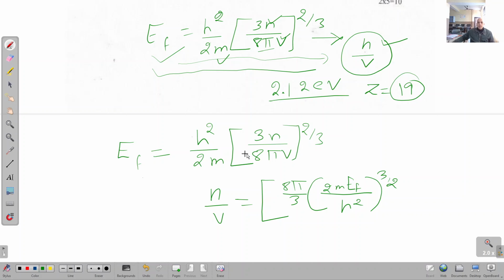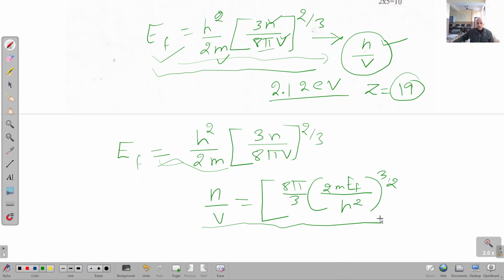What I did, I simply took all these terms toward this side. Clear? 2m Ef upon h square, power 3 by 2, and then I multiplied the rest of the things with this. Clear? You got this expression now.